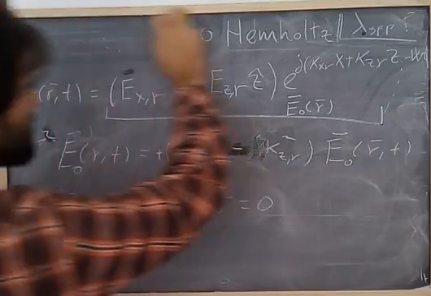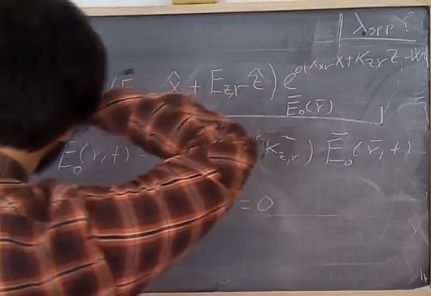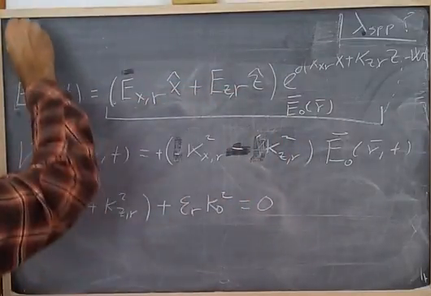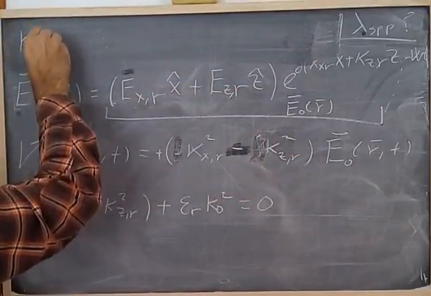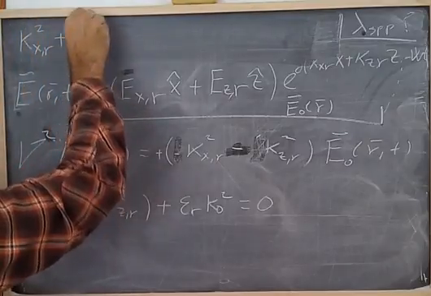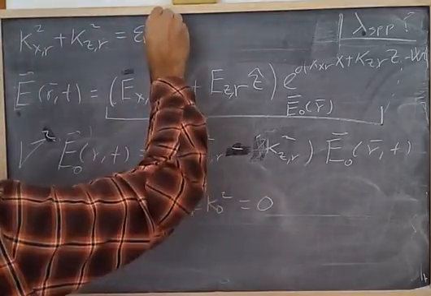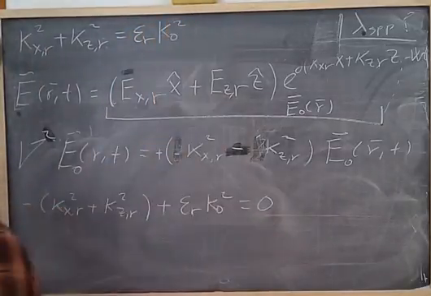So we have the first condition: kxr squared plus kzr squared is equal to epsilon r k0 squared.